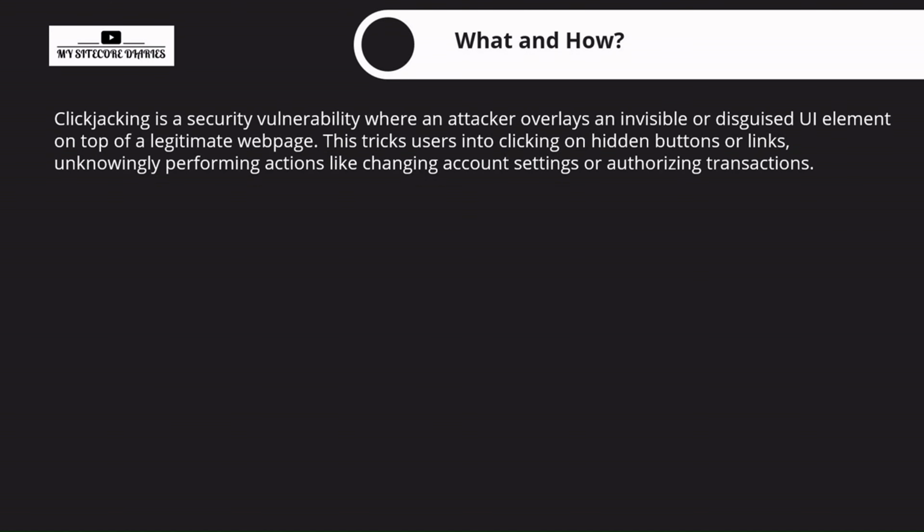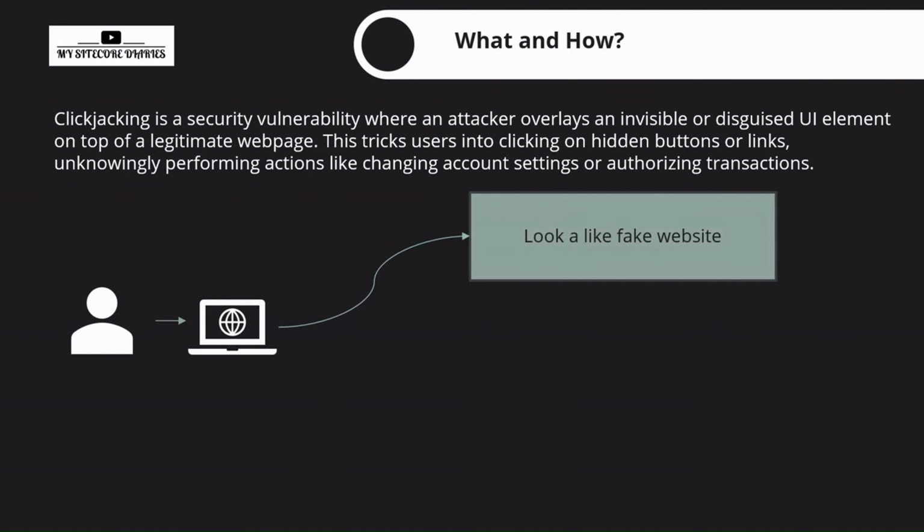Like there is something you are showing, like get a discount, but behind the screen something else is happening. That is clickjacking. So an example is you have a website which looks like a fake website.